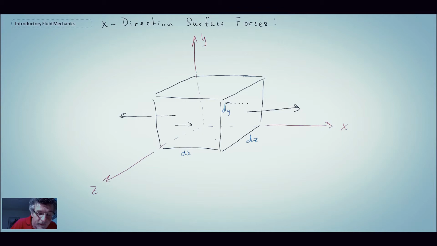On the bottom, I'll draw a force that way. And then on the top y surface, we'll have a force that way. So those are all of the forces that could be acting in the x direction on our cube of fluid. Now what we need to do is expand those out using a Taylor series expansion. So let me just draw it out because this is going to be kind of messy, and then we'll summarize things after we've done that.